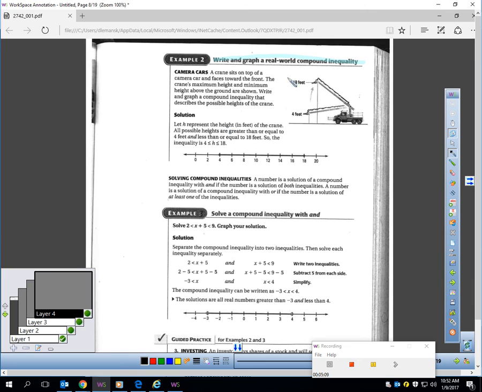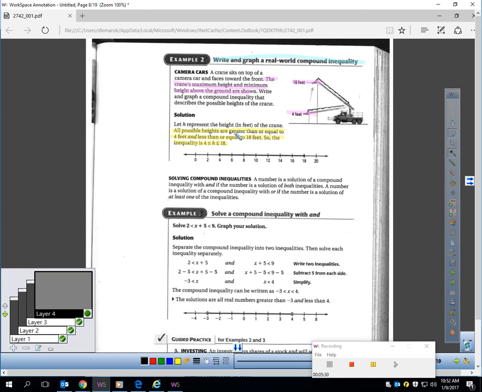We'll be asked to do this with real-world problems, like here. A crane sits on top of a car and faces toward the front. The crane's maximum and minimum heights above the ground are shown. I highlighted them. Max is 18, minimum is 4. They want me to write and graph a compound inequality for this.